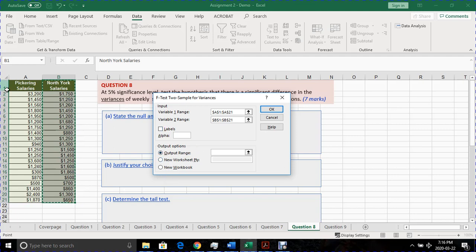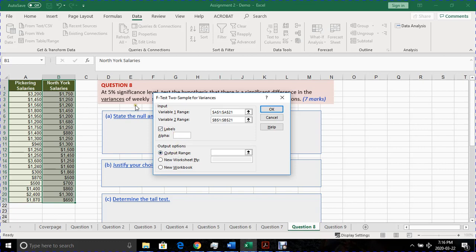So I have Pickering salaries selected in the first input range, and North York salary is selected in the input range of our second input box. Now we have to make sure that we check Labels to indicate that the first row of information are labels, and as a result, Excel should not include them in our data set.